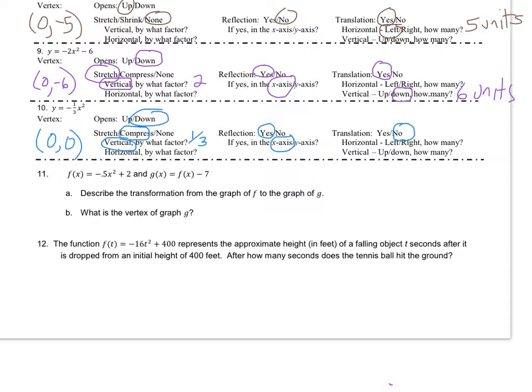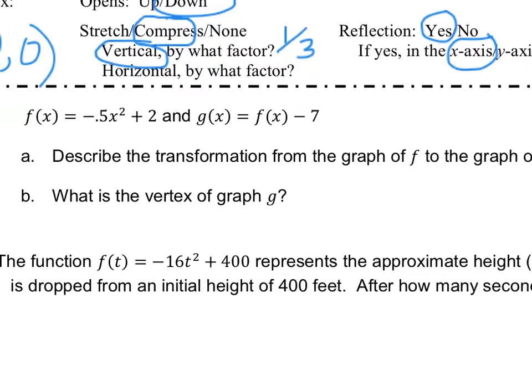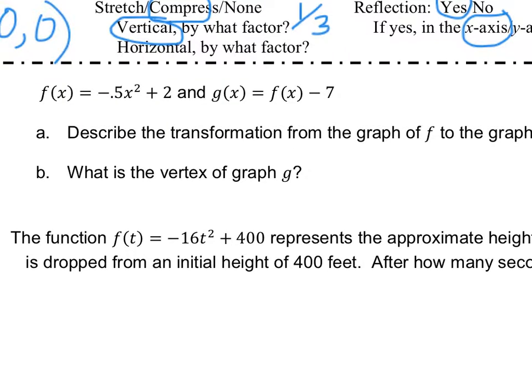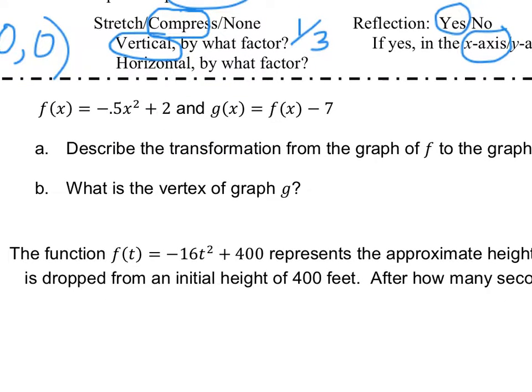So now let's look at number 11. We have been comparing to the parent function, but now on number 11, it wants us to compare 2 functions together. So first thing you need to know is just kind of how to read this. Function f is this whole thing.